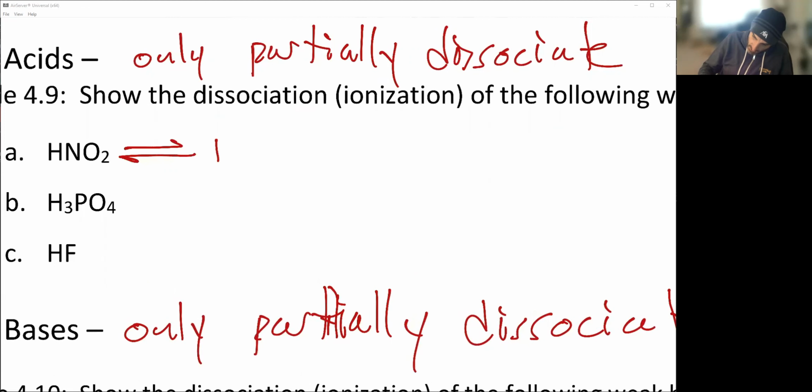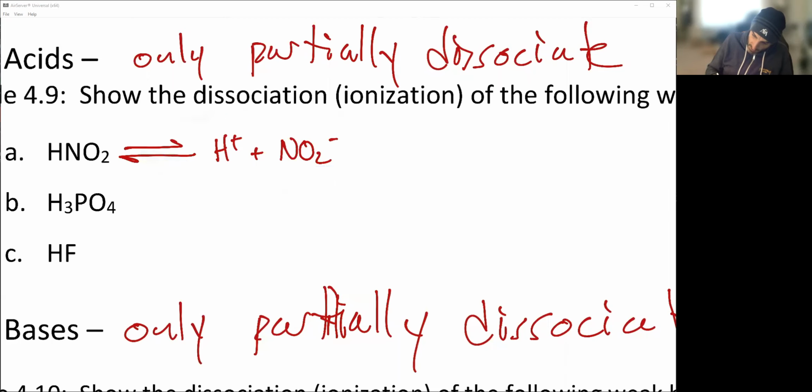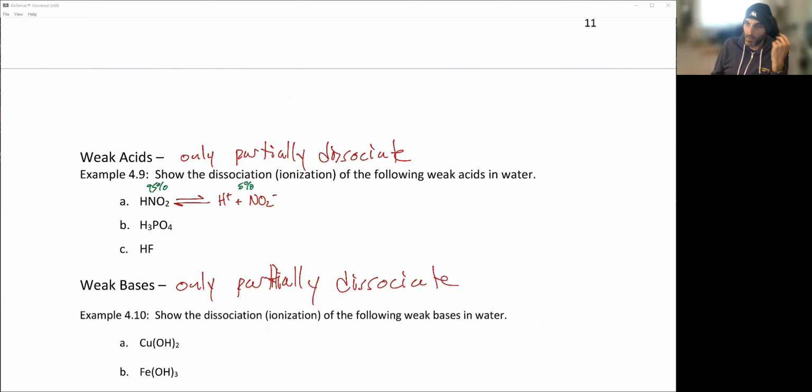HNO3 dissociates to H+ and NO3-, both aqueous, but because they only partially dissociate, these two can come together and reform that. You have like 5% of it in this form and like 95% of it in this form. We'll get into acids and bases more, but you need that double arrow when you have a weak acid. How do you know something is a weak acid?